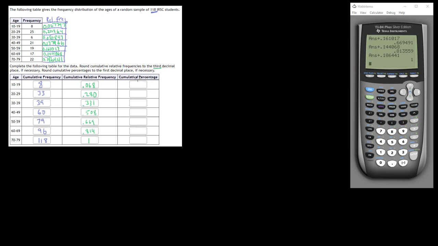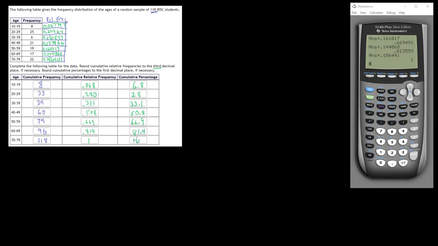So this is in decimal form, that's 0.068, but that's 6.8%. 0.28 is 28%. We don't have to write 0.0 because that's not necessary. 0.331 is 33.1. 0.508 is 50.8. 0.669 is 66.9. 0.814 is 81.4%.